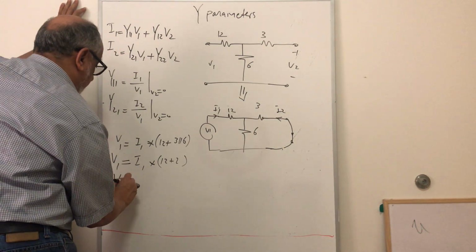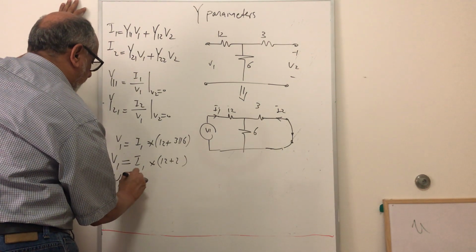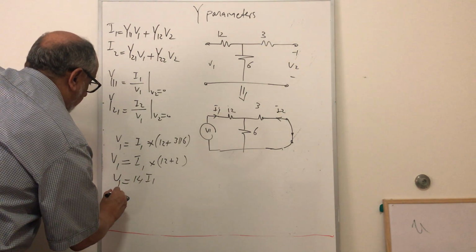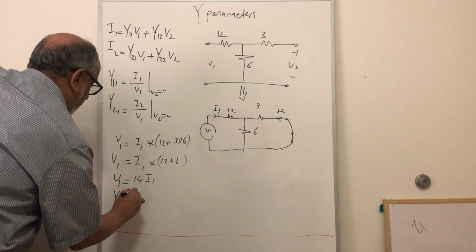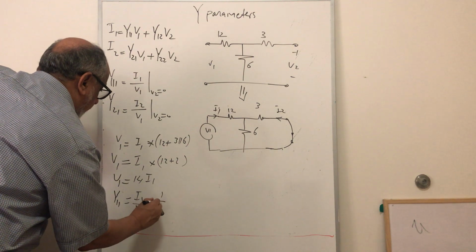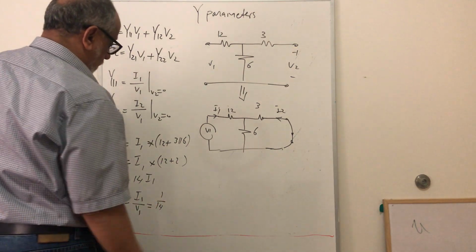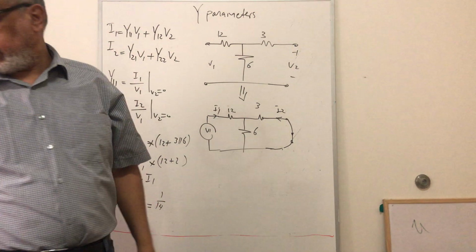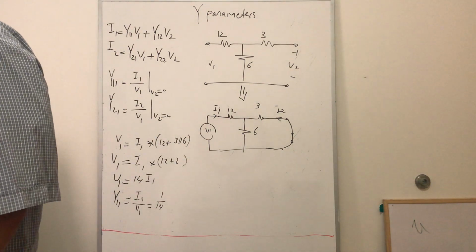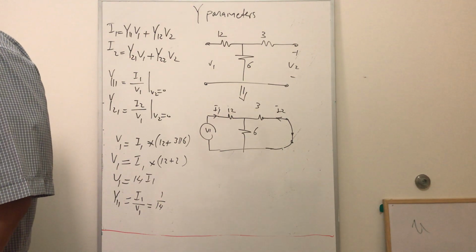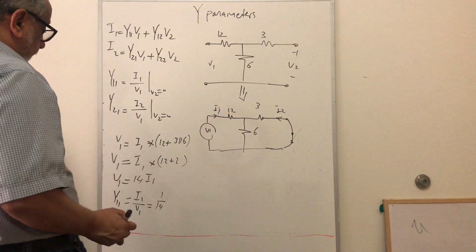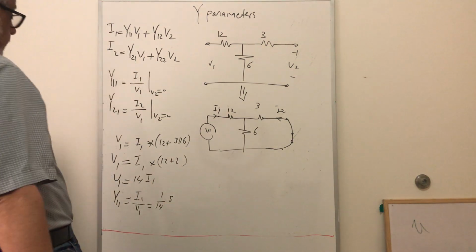So V1 is equal to 14 I1, or we can say Y11 equal to I1 over V1 equal to 1 over 14, right? This is Siemens, 1 over 14 Siemens.